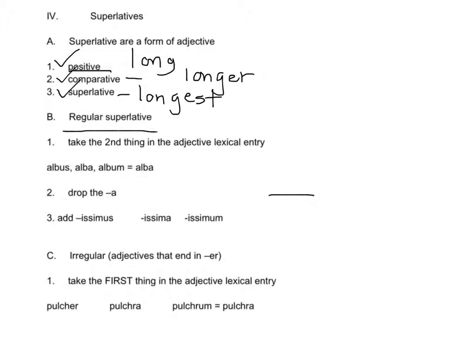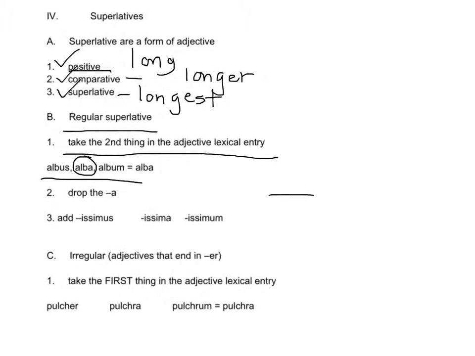The regular superlative that you've learned so far is formed through the process of taking the second thing in an adjective's lexical entry. So a normal adjective has a masculine, feminine, and neuter nominative form. That's how it looks in the dictionary. For the regular superlative, you take the feminine form.